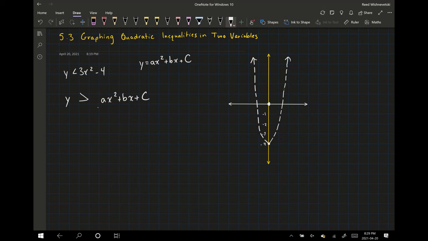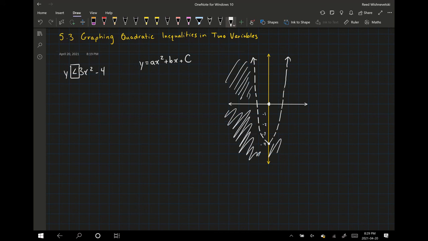So that would mean it would be somewhere up in here, like so. But since we look back to our original inequality, we see that y is less than. So that means that our solution set is in fact going to be below our parabola, like this.